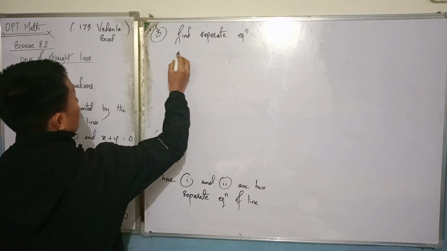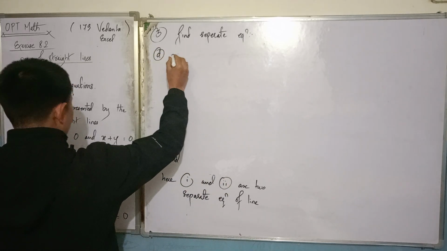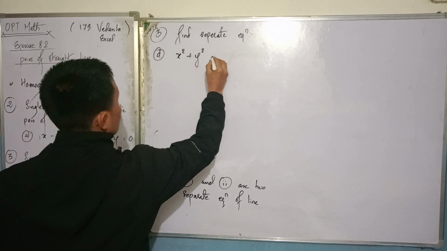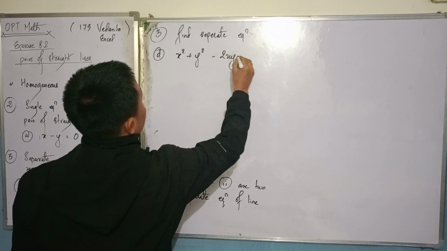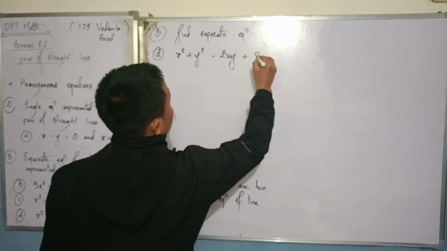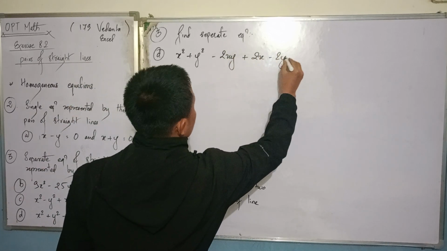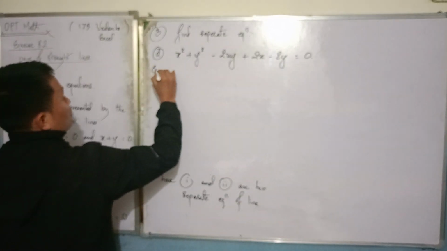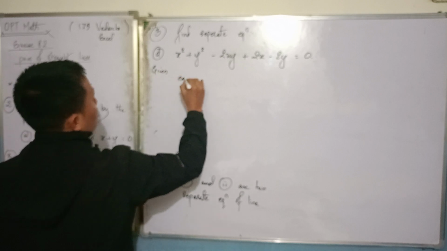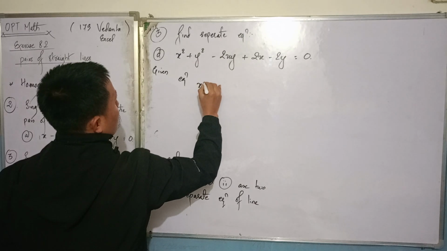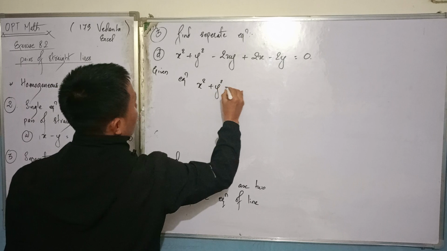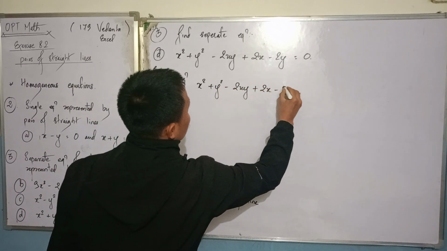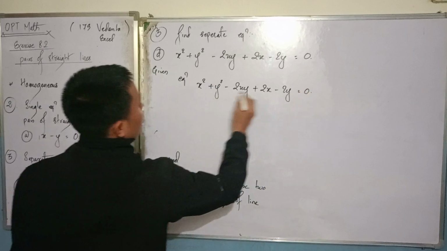Okay, so in number D, we have the equation x squared plus y squared minus 2xy plus 2 times x minus 2 times y is equals to 0. So your given equation is x squared plus y squared minus 2xy plus 2 times x minus 2 times y is equals to 0.